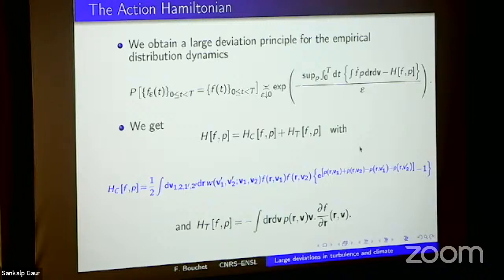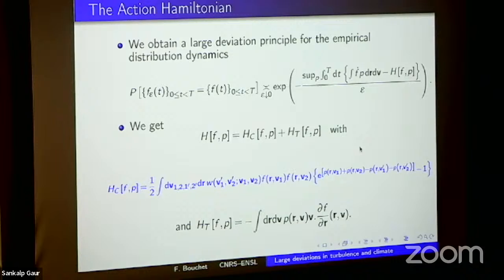So it's just quadratic in F because we have two-body collision. It's proportional to the collision rate for each of these possible velocities. Then I am integrating over all the possible velocities.